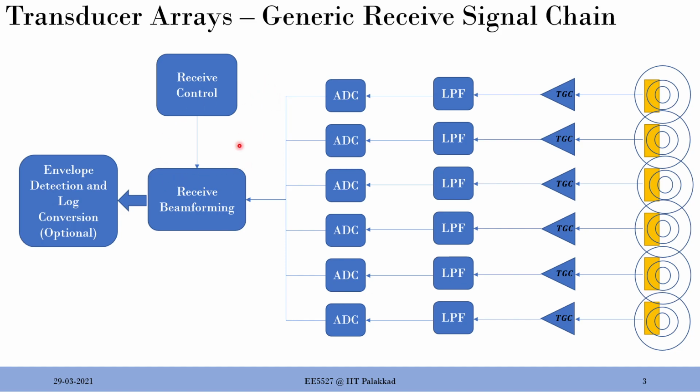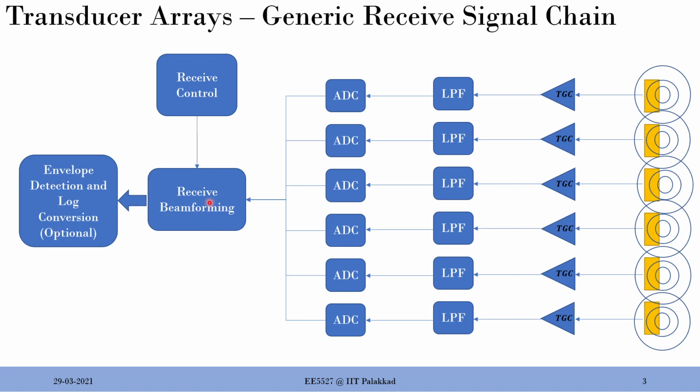Then that discretized digital data, we do the very beautiful, essential heart of an imaging system, the receive beamforming. In fact, the rest of this week and maybe next week is dedicated to receive beamforming, so you'll understand that process in depth. We'll discuss that at that point of time. And then there are some auxiliary optional processes which are needed.